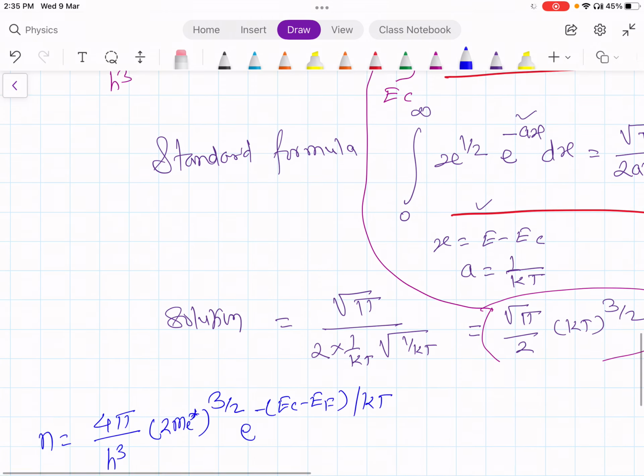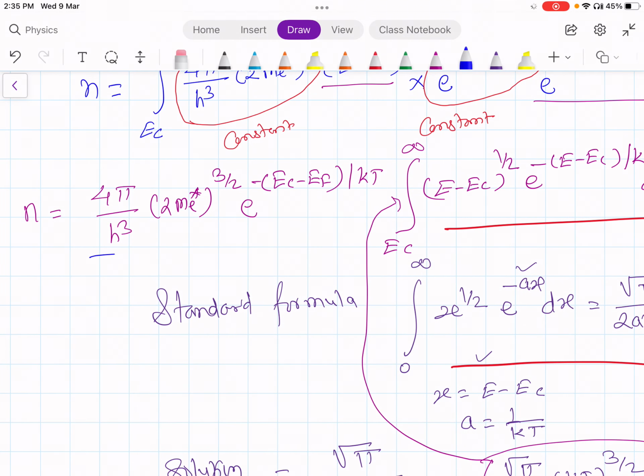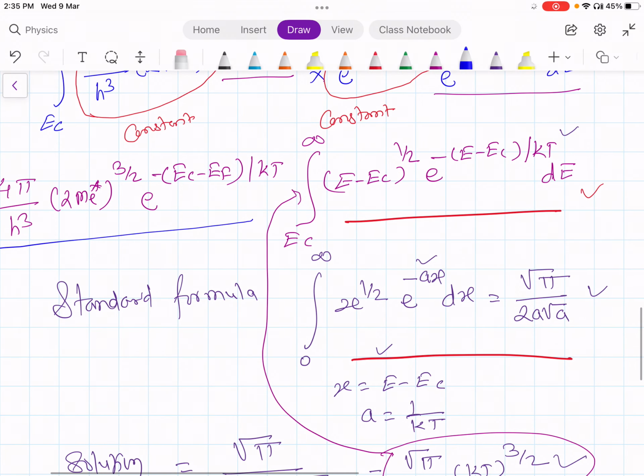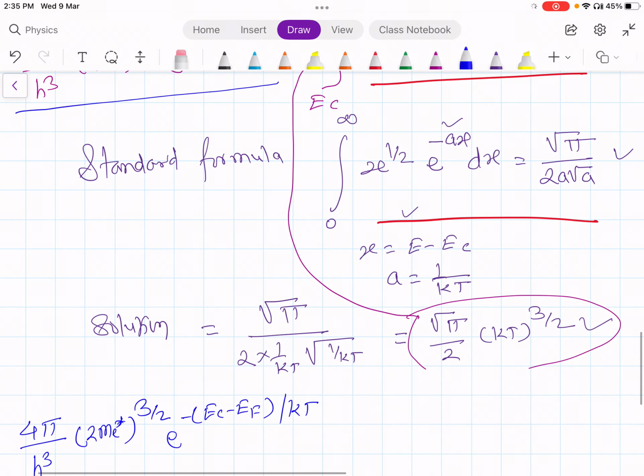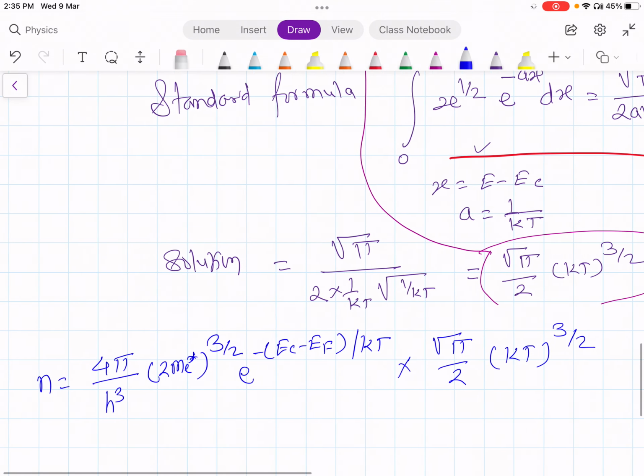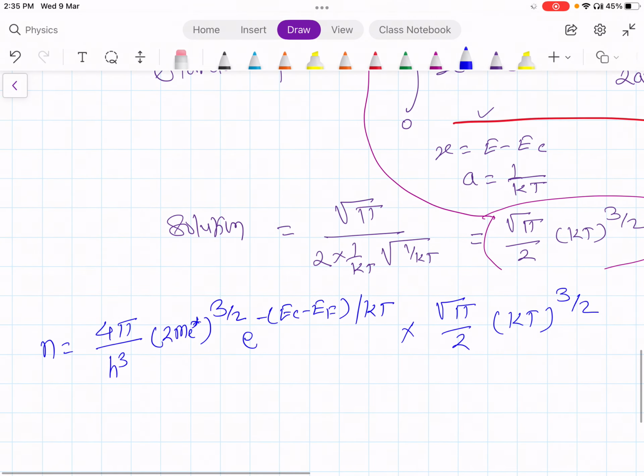These terms are as they are. And the solution of this integration is this, root pi upon 2 into kT raised to 3 by 2. So this is the number of electrons in the conduction band. Let us simplify it.